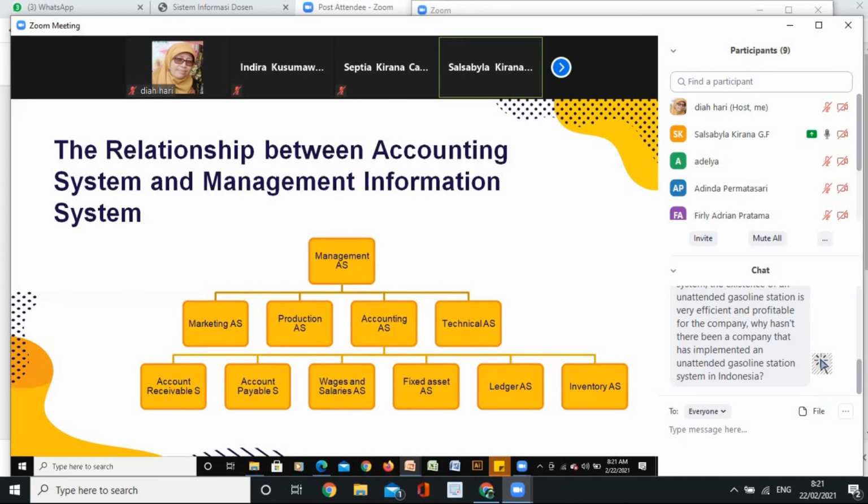From the slide that showed up, this accounting system has various accounting systems again, like account receivable system, account payable system, wages and salaries accounting system, fixed asset system, ledger accounting system, and inventory accounting system.